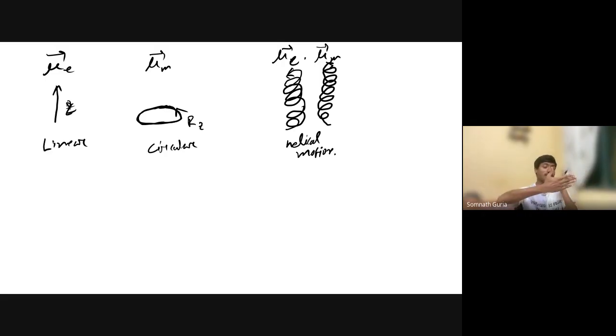We have helicity, a chiral environment; light is also a chiral environment, and the helical motion of the molecule is also chiral. So they will distinguish the two molecules, isomer A and isomer B.